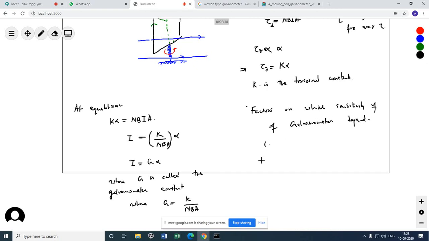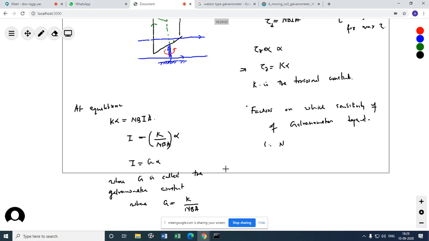What are they? Number one, number of turns. You can easily see if the number of turns increases, G will decrease. So the number of turns in its coil. G can be written as I by alpha, no?